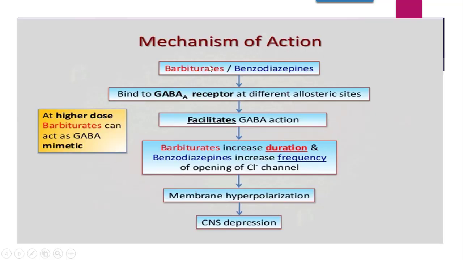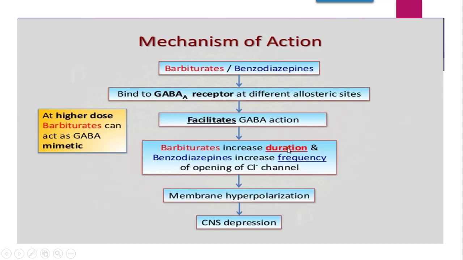Now this is the schematic. Either barbiturates or benzodiazepines will bind to the GABA A receptor at different allosteric sites, which we have discussed already, and it will facilitate the GABA action. That means it will potentiate the GABA actions, and benzodiazepines will increase the frequency of opening of the chloride channel, whereas barbiturates will increase the duration.